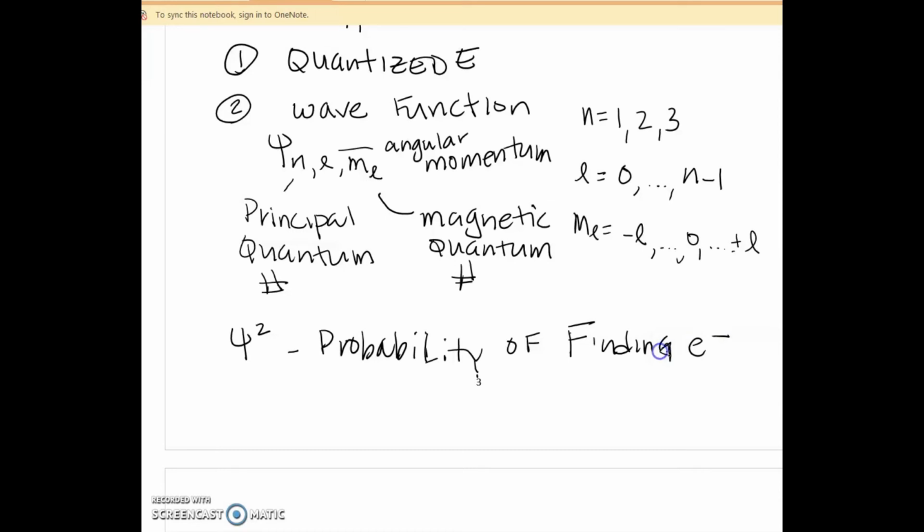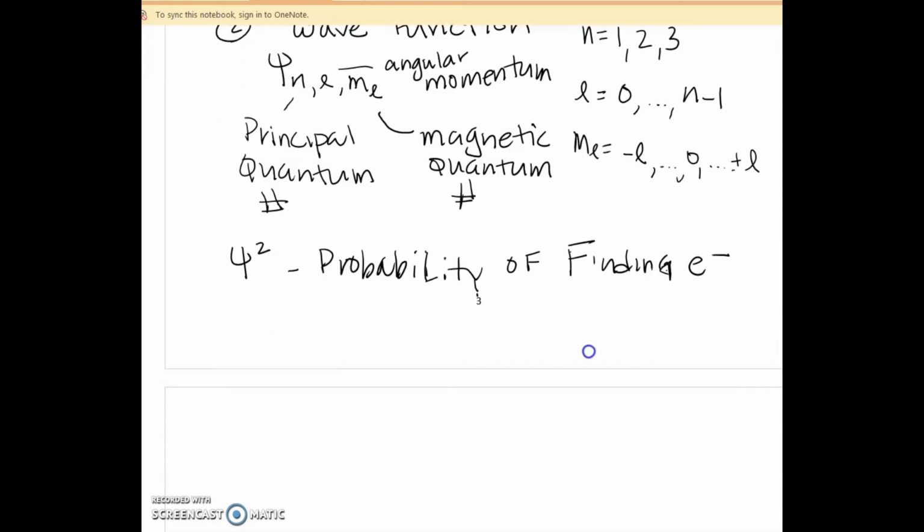That's our probability of finding our electron. Now, how could we look at the psi squared? Recall that psi, our wave function, is just a mathematical equation. So we're going to look at 4 different kinds of plots, all for hydrogen. That's how we're going to determine the probability of finding our electron.